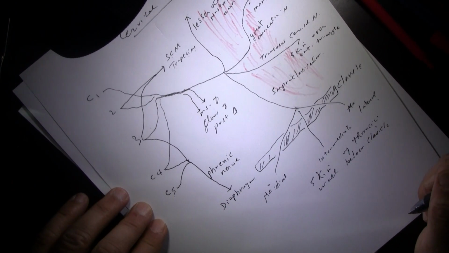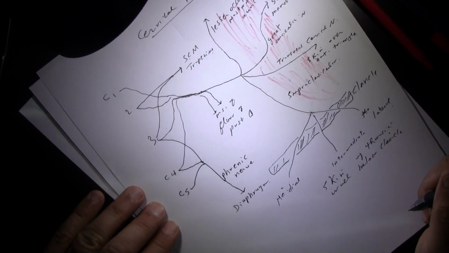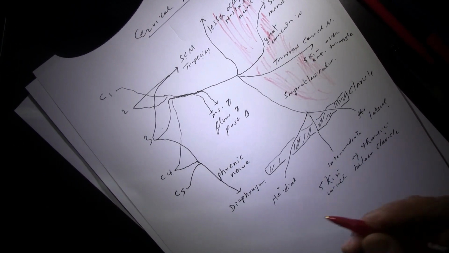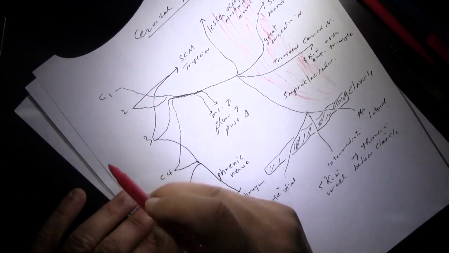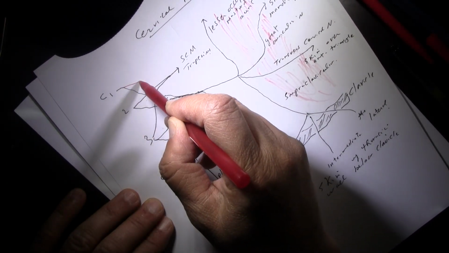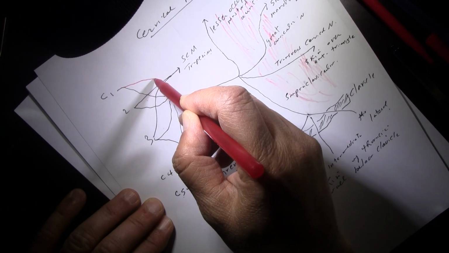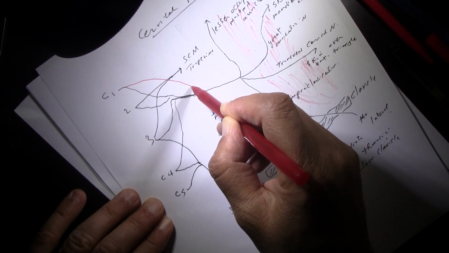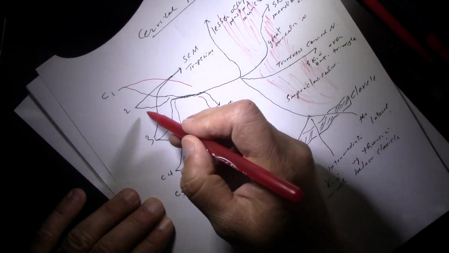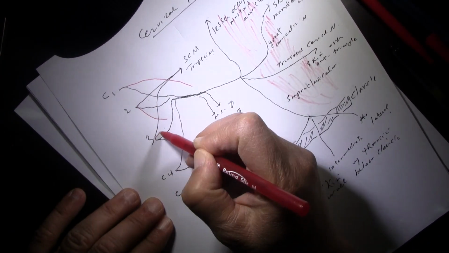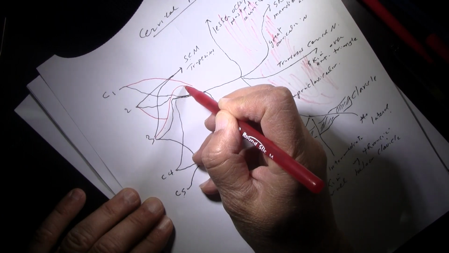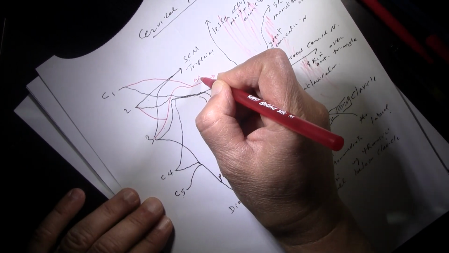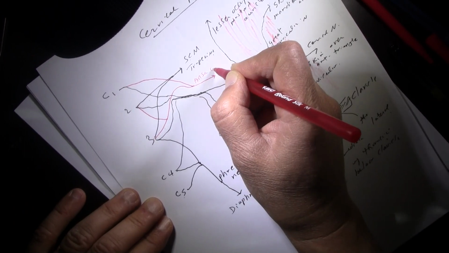Ansa cervicalis. We need to keep in mind this is a unique nerve, Ansa cervicalis, which has two roots. This root, which we call C1, see? Another root coming from C2 and C3. They form Ansa cervicalis.